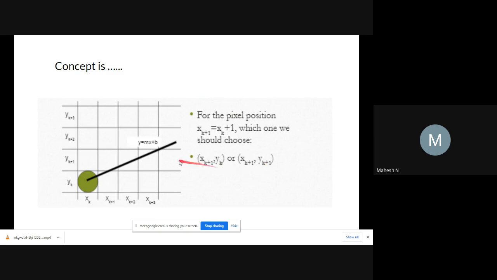This was our major problem. Bresenham, using some concepts of lines and some mathematics, solved this for us. With respect to x there is no problem, I will increment by 1 and go to the next x. The problem is only with y, whether I need to remain in the same y or increment y to the next. Now let us see how he solved this.